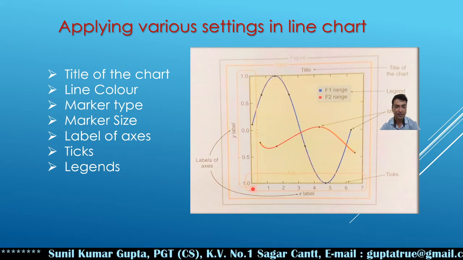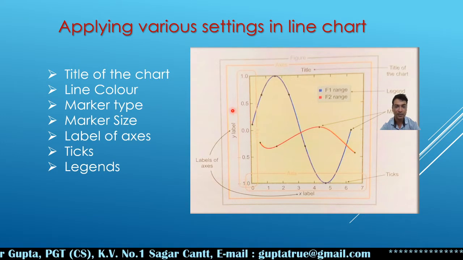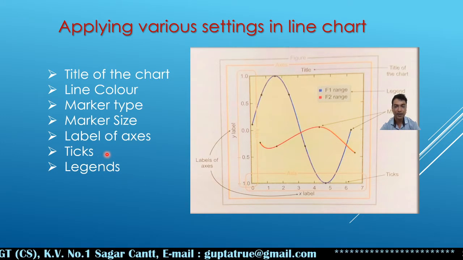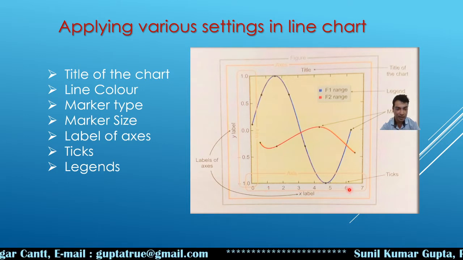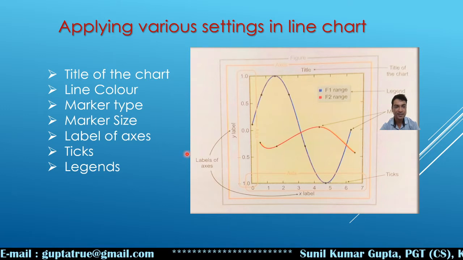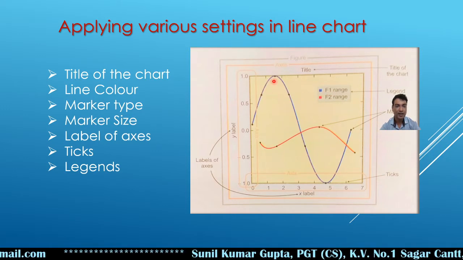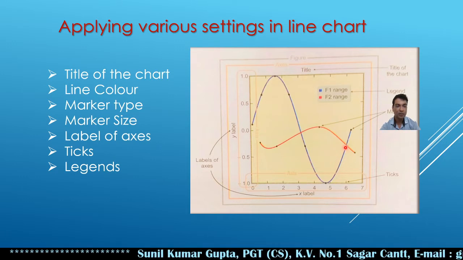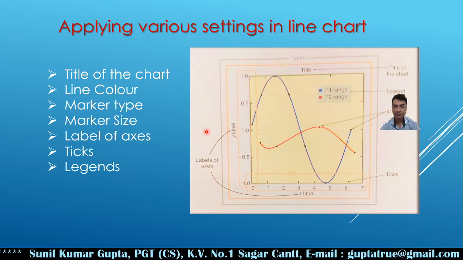Ticks are the regular intervals of the x and y coordinates. With the help of the xticks and yticks functions, we can set the ticks. Legends show which line belongs to which x and y coordinates.